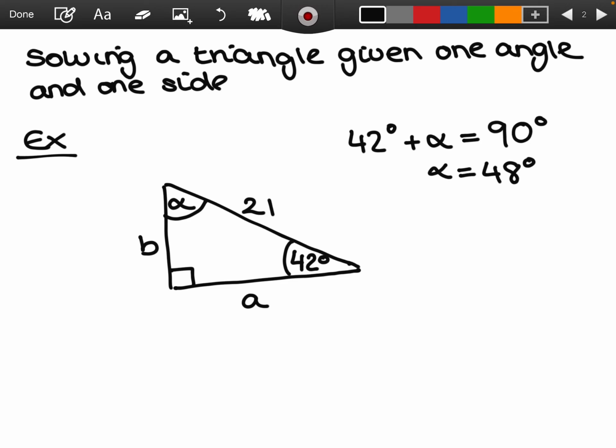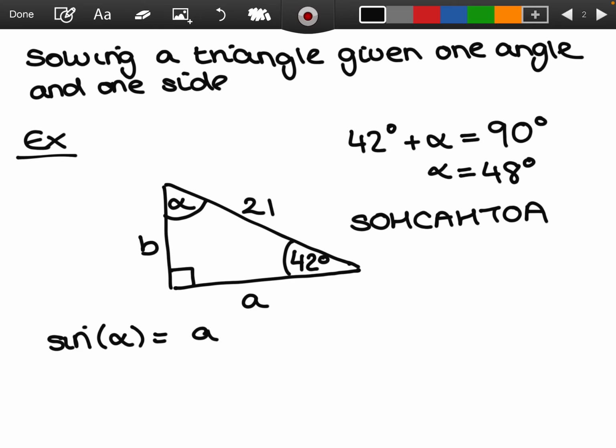Now I have to find A and B. Okay. I'll start out with finding A. Again, using SOHCAHTOA, I know that sine of alpha is equal to the side that's opposite it divided by the hypotenuse.